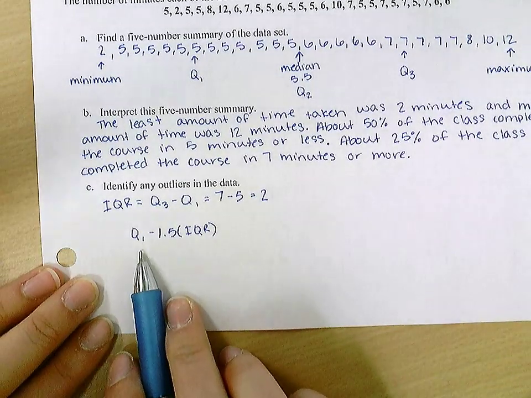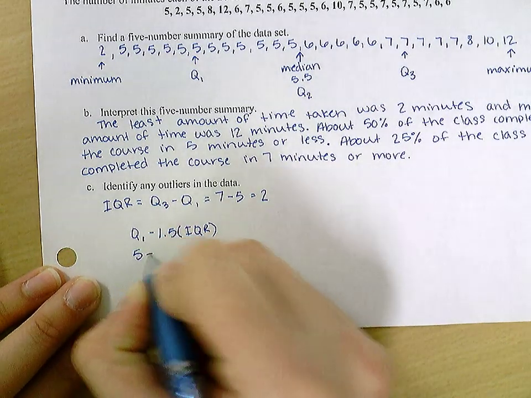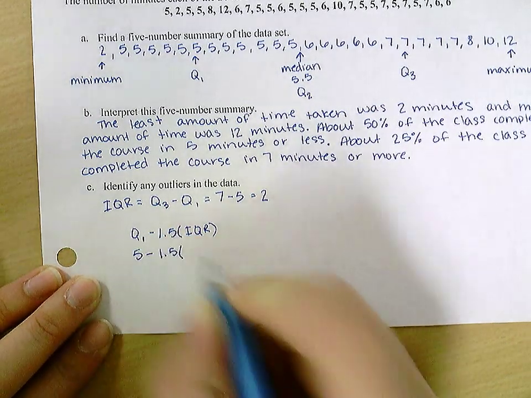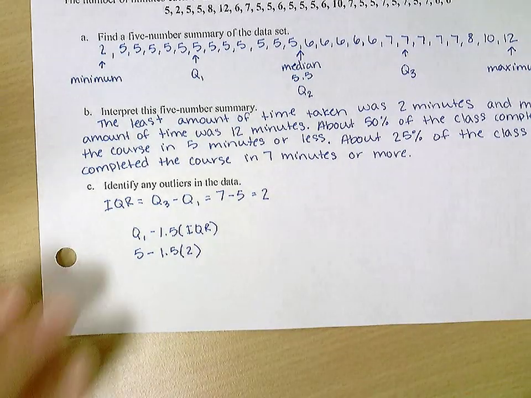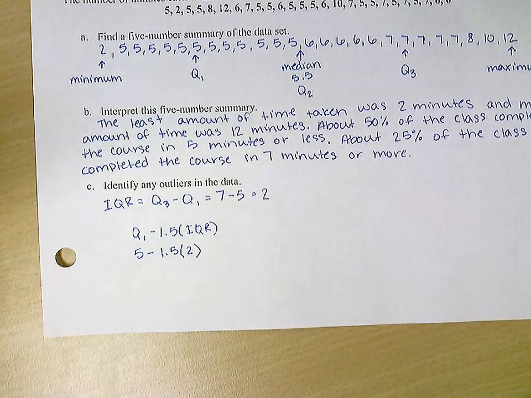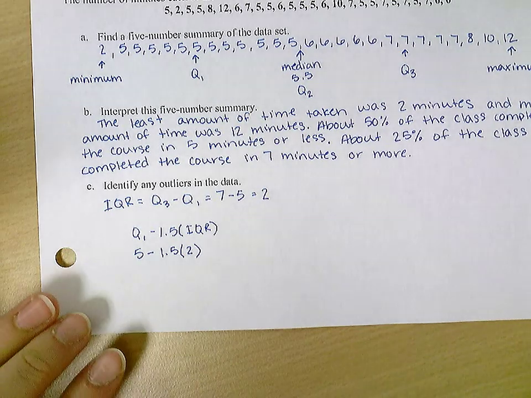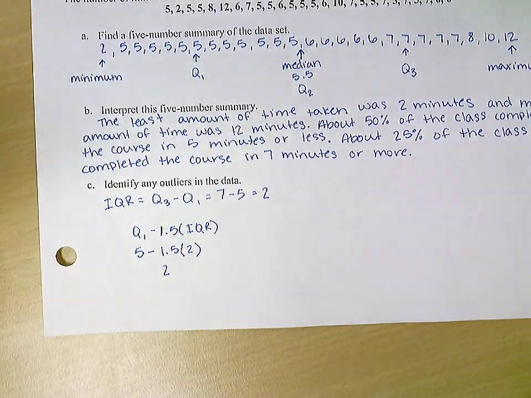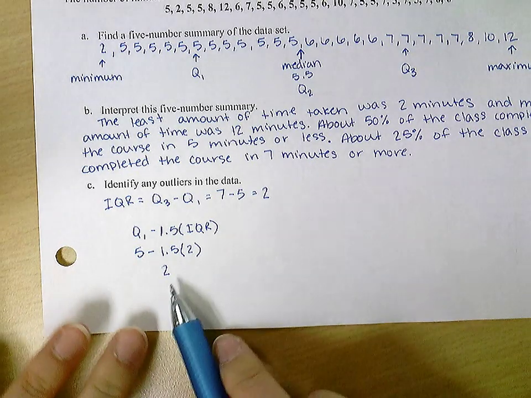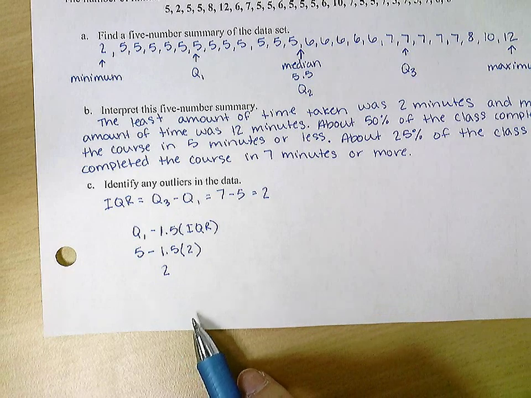Now quartile 1 was 5 minus 1.5, and my interquartile range is 2. So I get 5 minus 1.5 times 2. I end up with 2. Okay, so that's for your lower half.